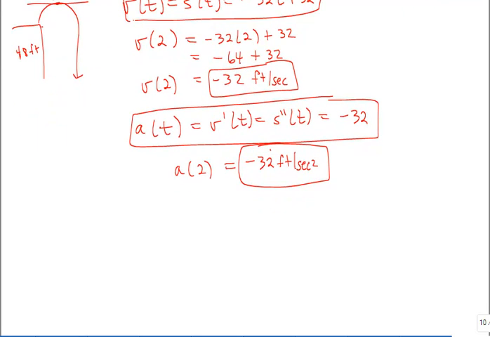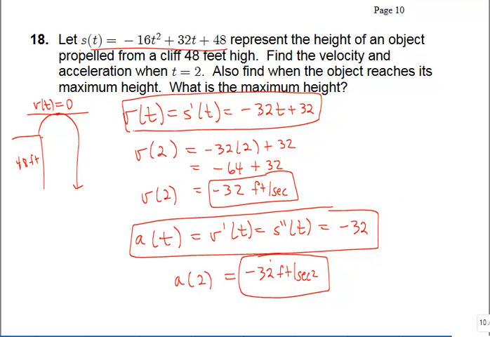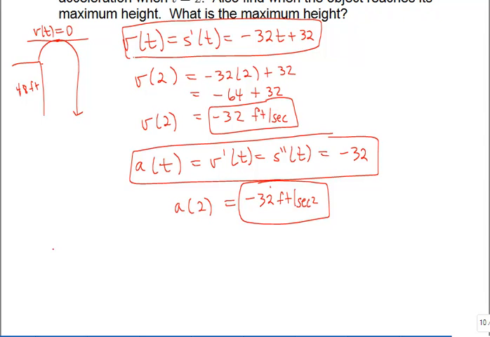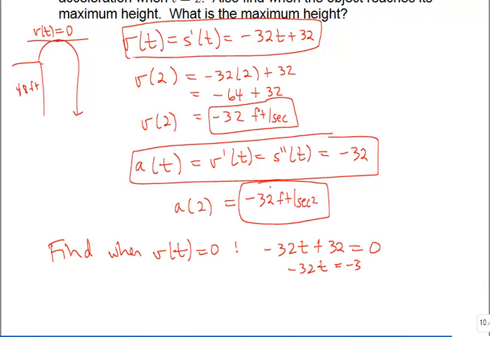So our velocity function was negative 32t plus 32. So let's find when the velocity is 0 by setting negative 32t plus 32 equal to 0. So if I subtract 32 and divide by negative 32, we get t is 1 second. So after 1 second, it's at its peak.